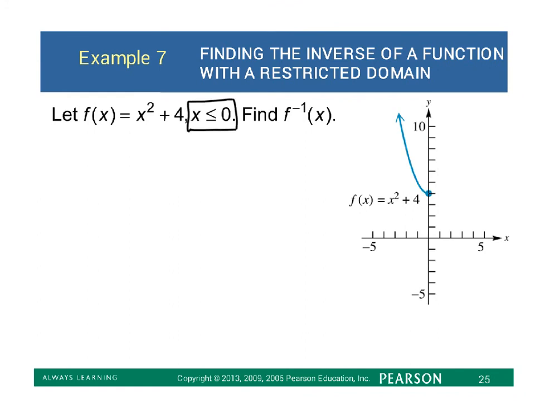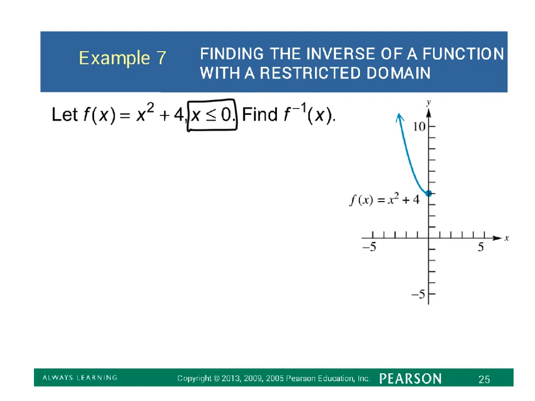So if we were to graph this function, x squared plus 4, it actually looks something like this. But with this restriction that we have, that x is less than or equal to 0, we only have half of it. And since we have that restriction, this function does have an inverse.